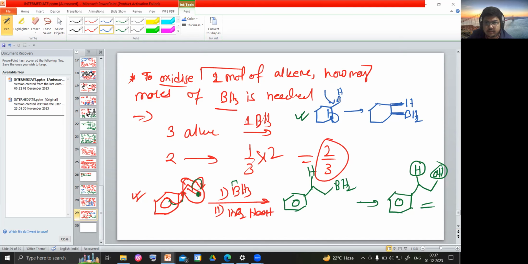Then this carbon had one methyl group, this methyl will be below the plane. Plus another structure is possible, in which BH2 is below the plane, hydrogen will also be below the plane and methyl will be above the plane. Now OH will be simple, in oxidation BH2 will be changed to OH. This will be changed to OH. So these two products will be formed.